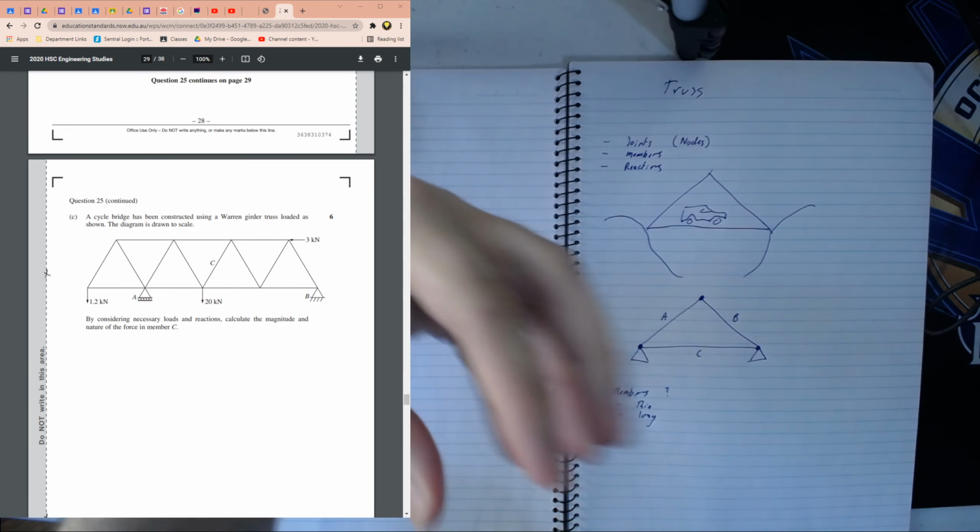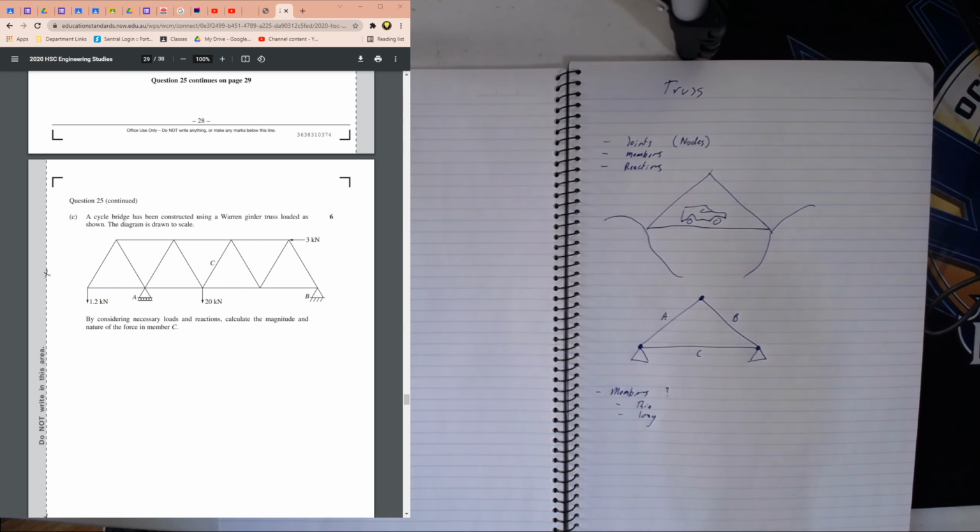We're talking about like a mathematical line. It itself has no thickness because we're trying to simplify it. It is long compared to its thickness. So if you look at a bridge in the real world, if you see any piece of metal or string or whatever, if it's longer than it is thick, you could assume that that is a member.